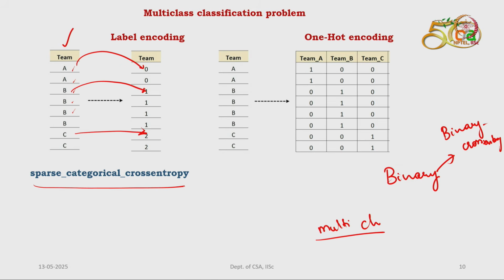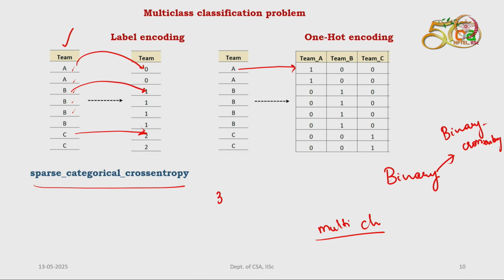Suppose you have a scenario where, rather than representing A with 0, B with 1, C with 2, we replace A with 1 0 0. Why are we replacing A with 1 0 0? How many classes are there?